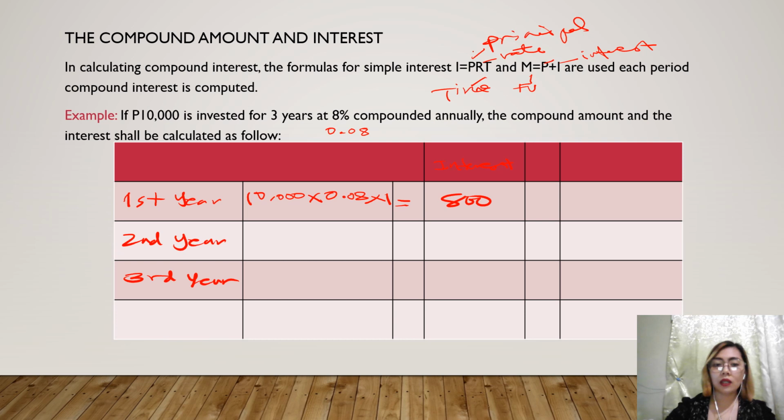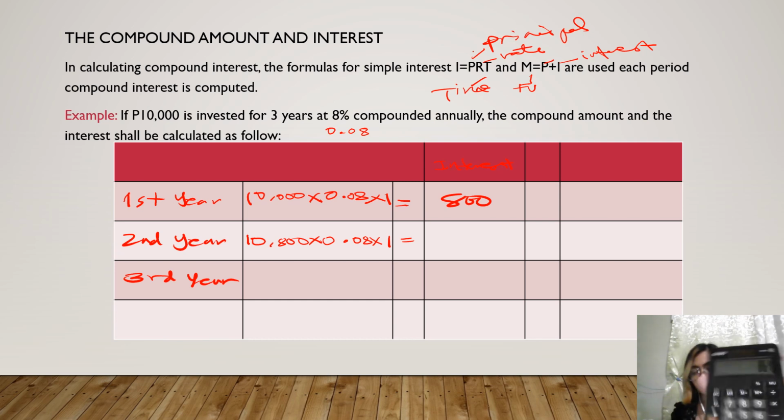So in second year, hindi na lang basta 10,000 ang pera mo kasi may pumasok na 800 na interest or tubo. So, ang gagawin mo, isasama mo na siya ngayon doon sa computation. 10,800 times, again, same yung rate natin, 0.08, then times 1 for that second year. So, again, gamit tayo ng calculator, 10,800 times 0.08, that is 864.